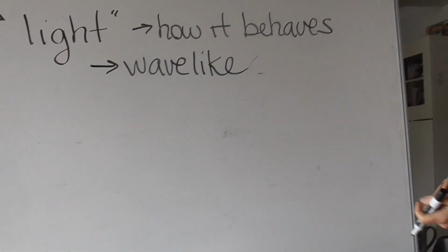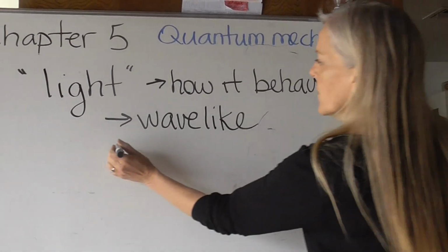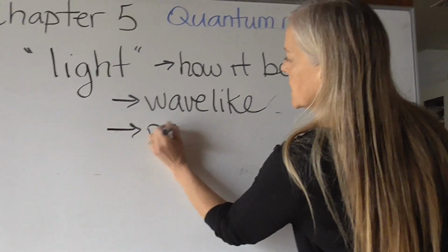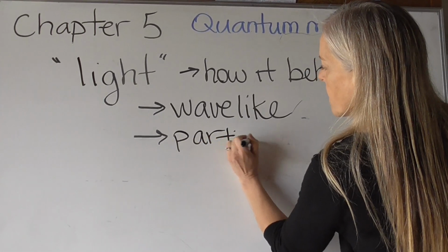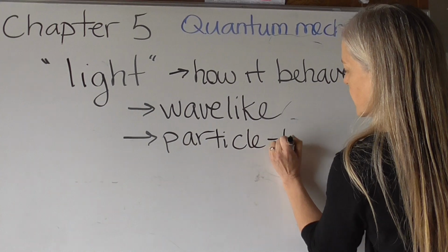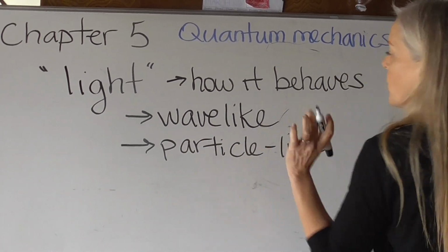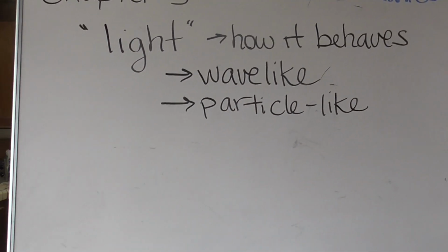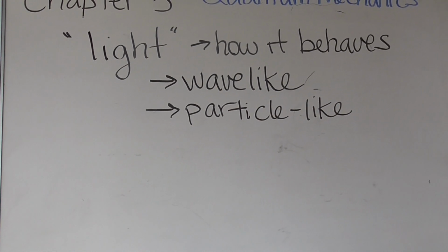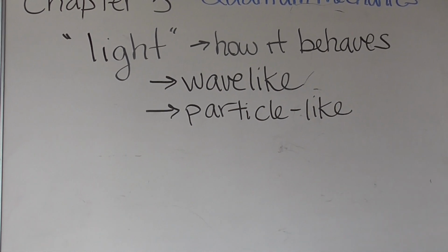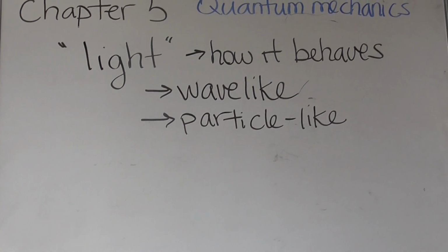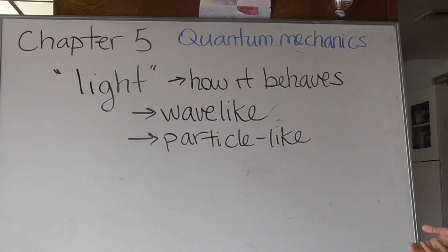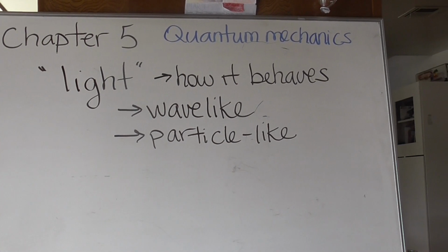And then the other part, which we'll talk about in the next video, is particle-like. And there's a reason why it's only like a particle, because when we talk about particles, they have a mass, and light doesn't have a mass. And we'll talk about it in terms of photons, which is the particle-like behavior.